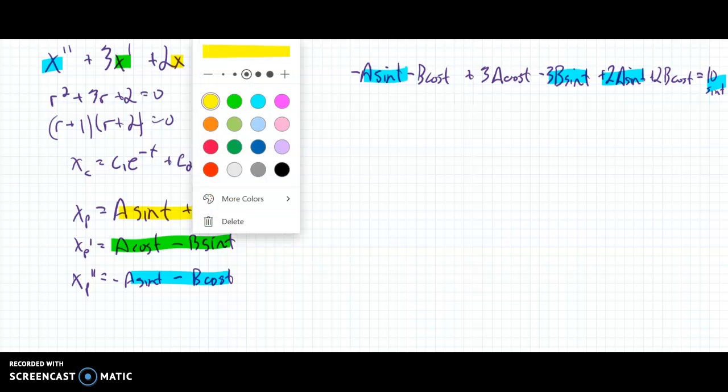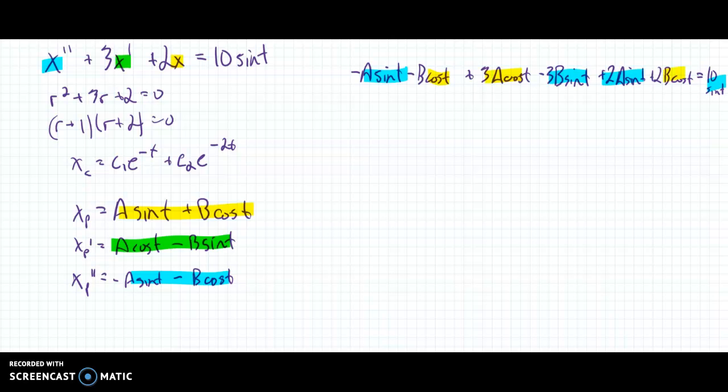And then for the cosine terms, there are none on the right-hand side, so I put a 0 there. So I get negative a sine t minus 3b sine t plus 2a sine t equals 10 sine t.